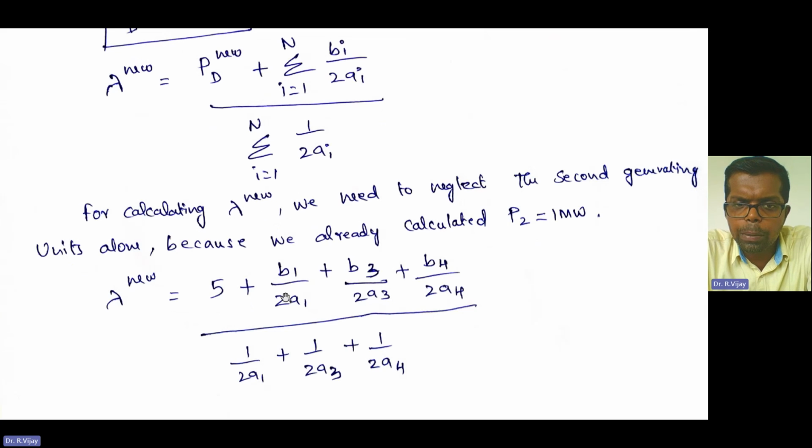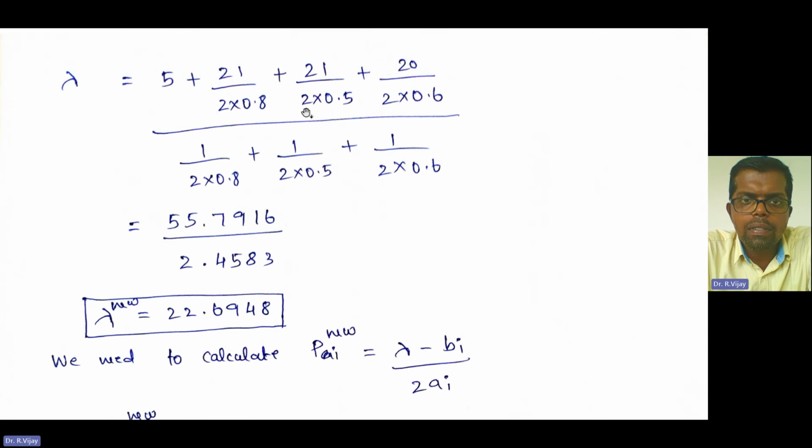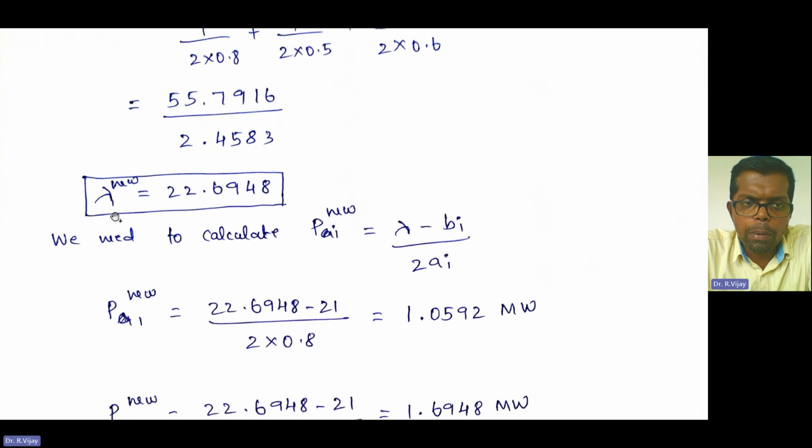Now substitute all the B1, A1, B3, A3, B4, A4 values from the problem data to calculate lambda. We get lambda new as 22.6948.